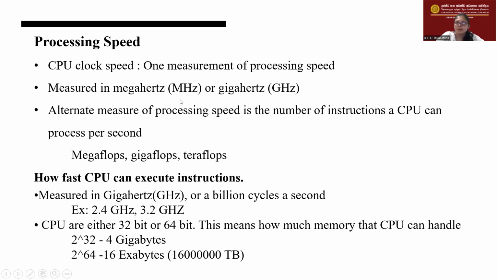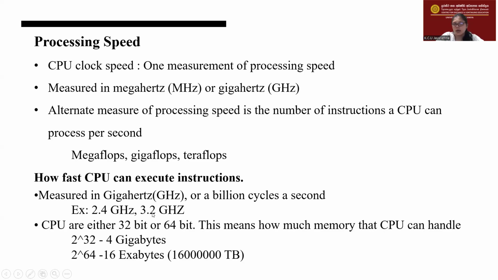The CPU speed is measured in gigahertz or megahertz. How fast a CPU can execute instructions is measured in gigahertz, or billion cycles a second. As an example, we can say 2.4 gigahertz or 3.2 gigahertz.